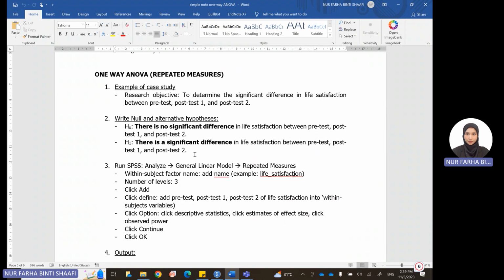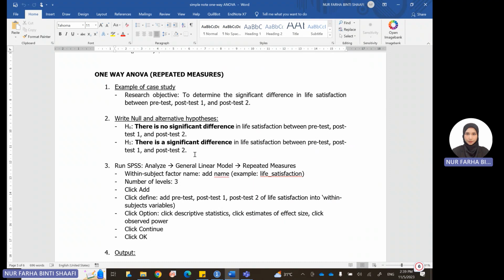All right. So after you have your research objective, as usual, you need to state your null and alternative hypothesis. Your null meaning you need to say that there is no significant difference in life satisfaction between these three. For alternative, there must be a significant difference, right?